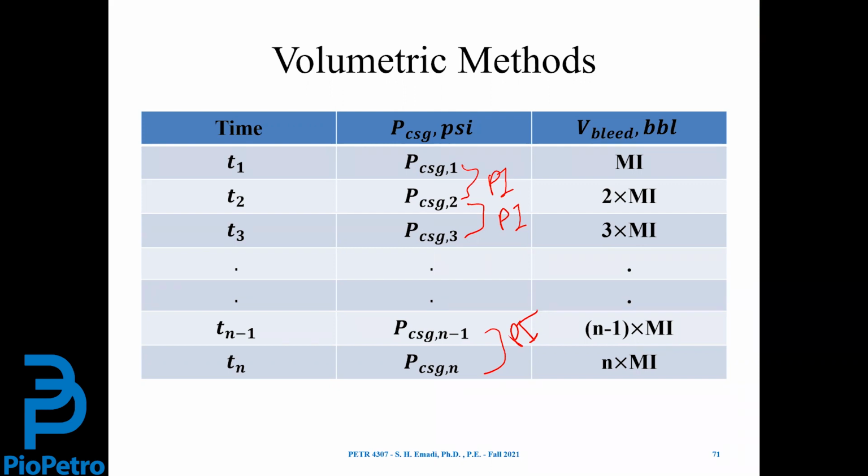Okay. Another question is, in case we have lost circulation, what can it result in and what can be done to remedy it? If we have lost circulation during drilling operation, several techniques can be applied. One of them is to reduce the flow rates.